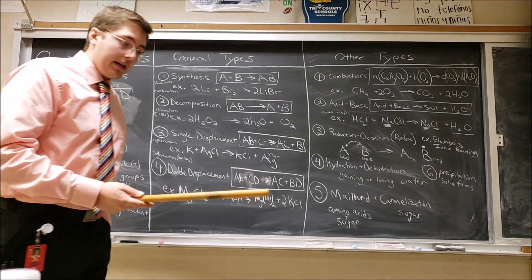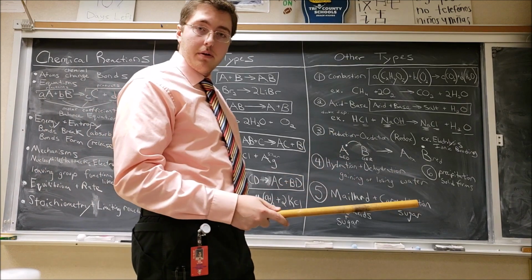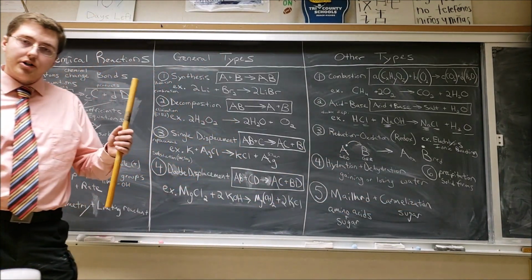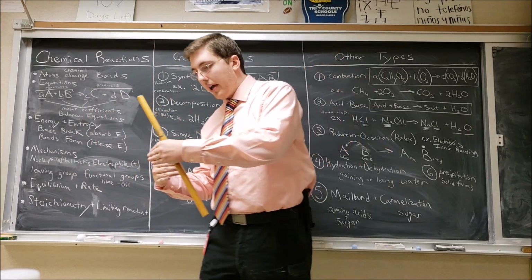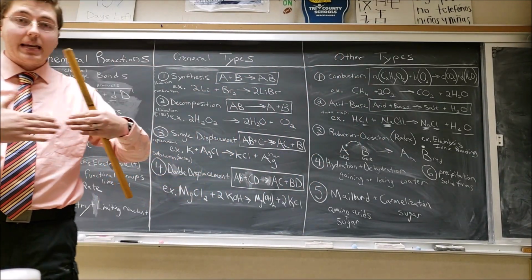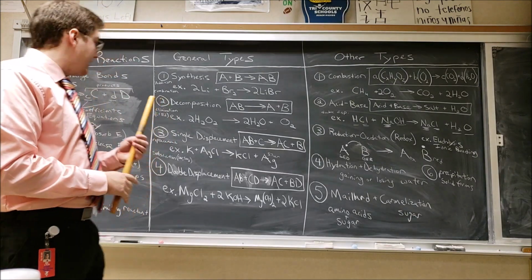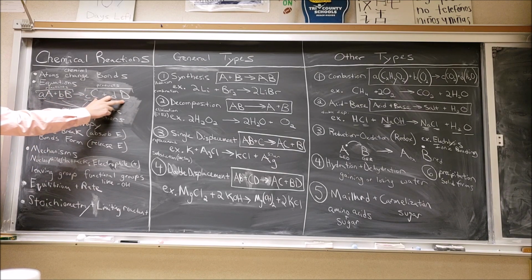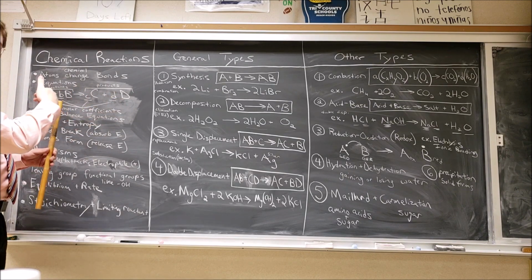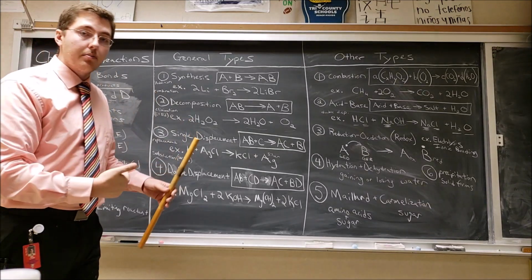And so what do I mean by equilibrium? Well, chemical equilibrium is pretty much when you have something happening in one way and you have something happening in the other way, and they're happening at the same rate. So let's say A and B are reacting to form C and D, but C and D, once they're formed, are going to be able to potentially reverse, because a lot of reactions are reversible.